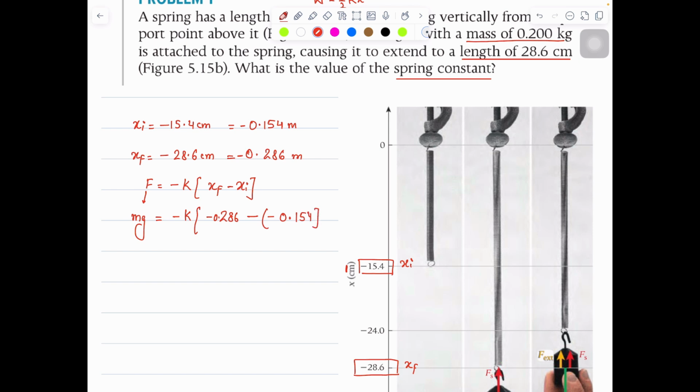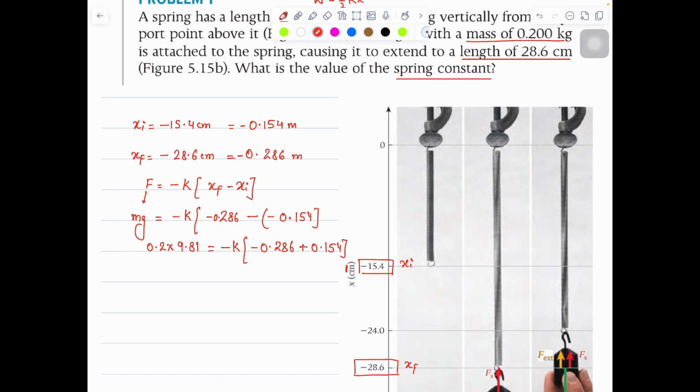What is the mass? Mass is given as 0.2, multiply, what is the gravity? 9.81 equals negative k, and guys, solve the values. Negative 0.286 plus 0.154.